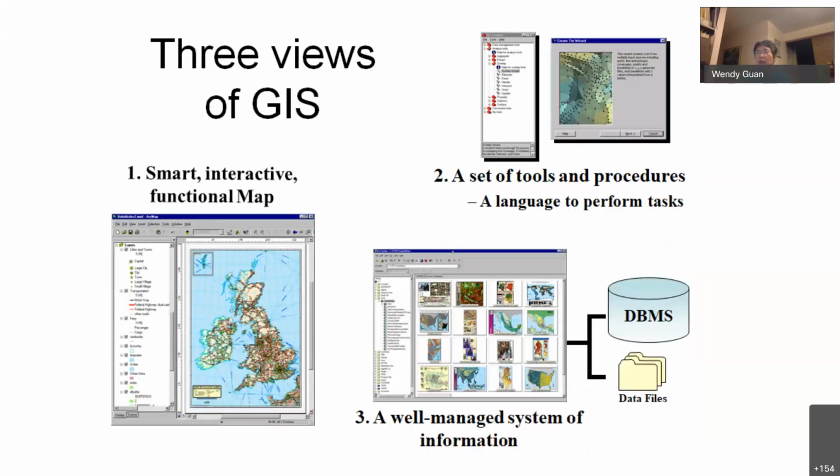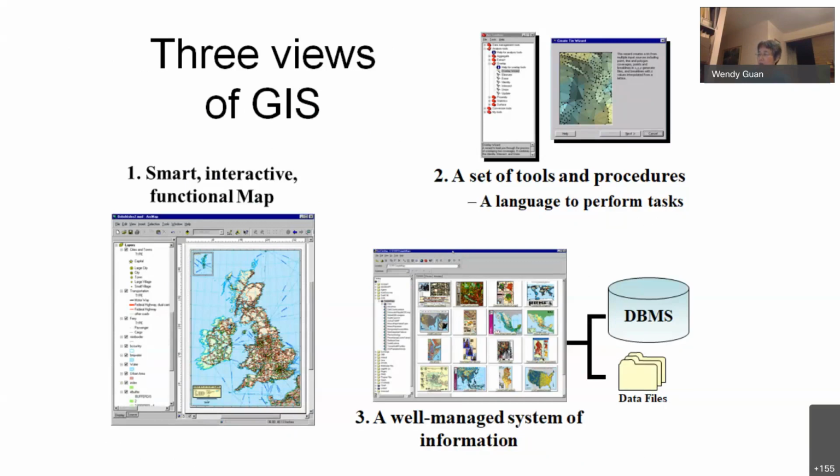So what is really GIS in that sense? You could see it as a smart, interactive, functional map that is dynamic, and you can print it. You could also see it as a set of tools and procedures and a unique language to perform tasks, which is the analytical core of it.